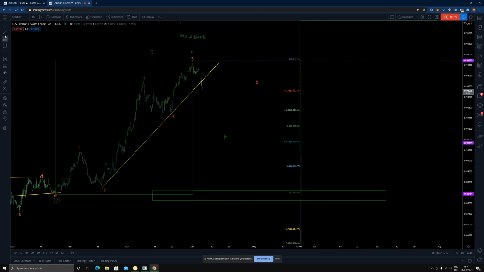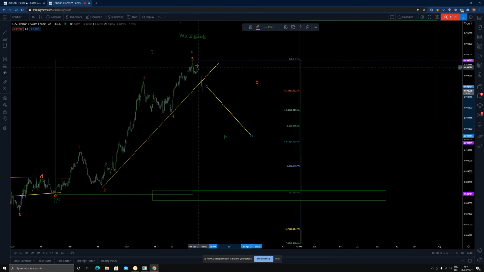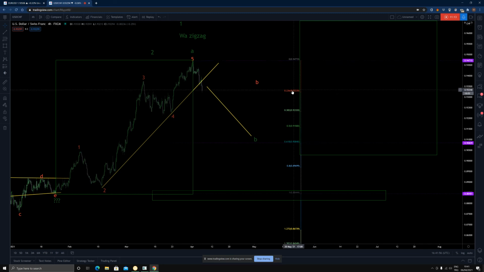So you would wait for whatever the market is doing here, and when you think this B wave, this corrective wave, is done, and if you can find some idea of what kind of corrective wave we have here, well, you know what will happen next. This is the advantage that you have if you counted correctly.